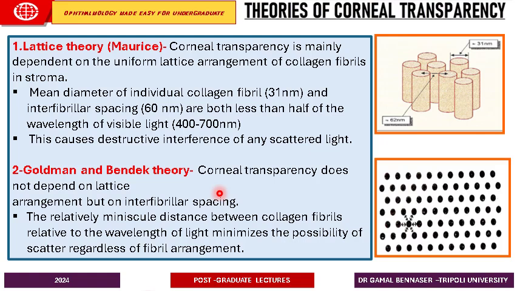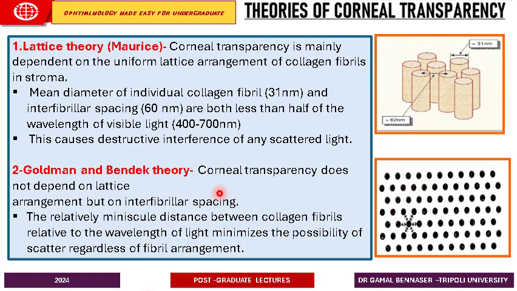That is, the thickness of the collagen fibers and the interfibrillar distance are less than half of the wavelength of visible light. Now, another theory tries to explain this differently. They say that it is not related to the lattice arrangement of the collagen fibers, but mainly depends on the interfibrillar spacing between these small collagen fibrils. This small distance minimizes the possibility of scattering regardless of the specific arrangement of the collagen fibers.